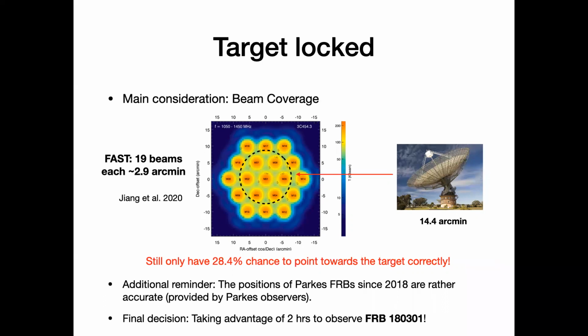That means we have a 30% chance to point towards the right position. And I had an additional reminder from some Parkes observers. They told me the position of the Parkes FRB since 2018 is rather accurate. That's why I made my final decision to use the 2 hours to observe this target.